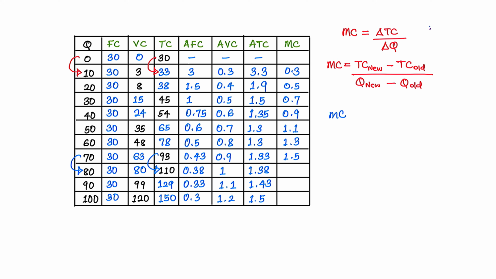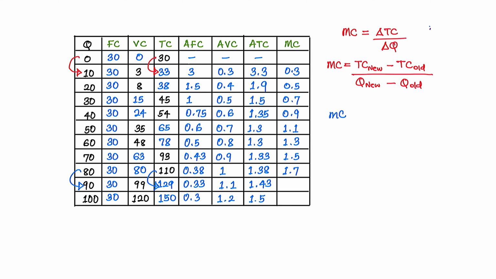So 110 minus 93 will give us 17 divided by 80 minus 70, that is 10. Hence, the marginal cost equals 1.7.